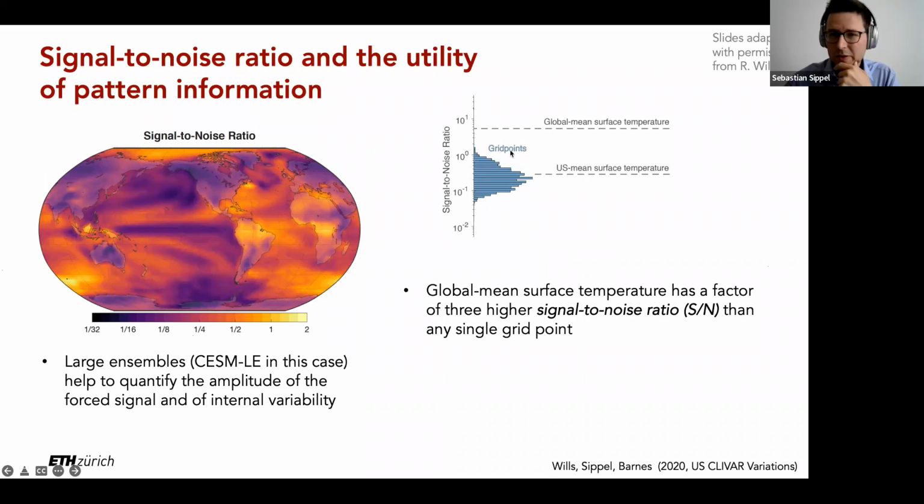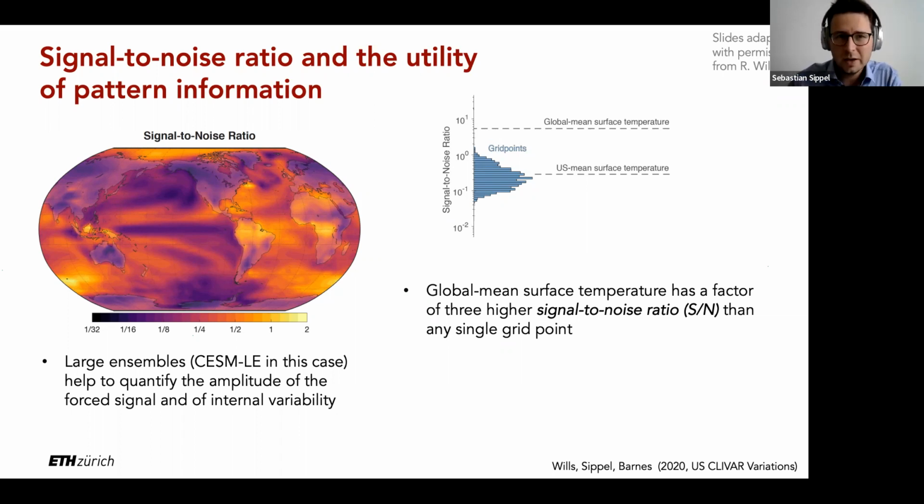I'm not going to explain all the statistics behind that, but the goal is to get the signal to noise maximizing pattern by maximizing the ratio of ensemble mean signal to total variance in the entire data set, and to see which patterns really do co-vary across individual ensemble members with the ensemble mean.